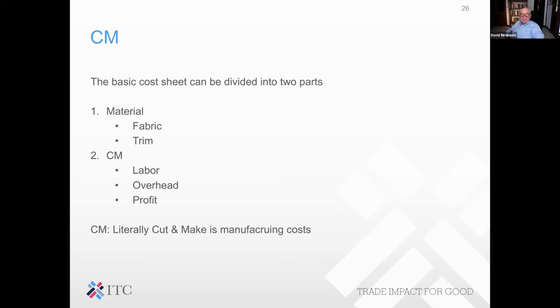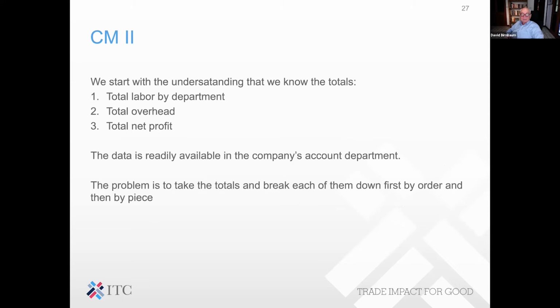We finally finished the material. We're now at the CM: labor, overhead, and profit. Start at the beginning. We know from the past the aggregate information. We know how much the labor costs were for each department for any period. You know what you paid the sewers last month or 2 months ago.